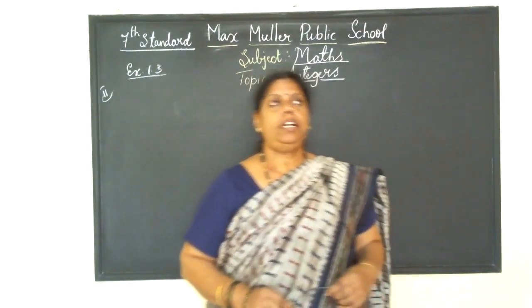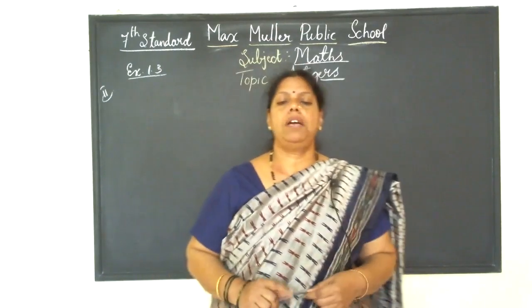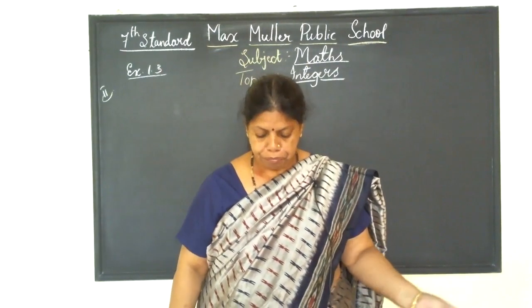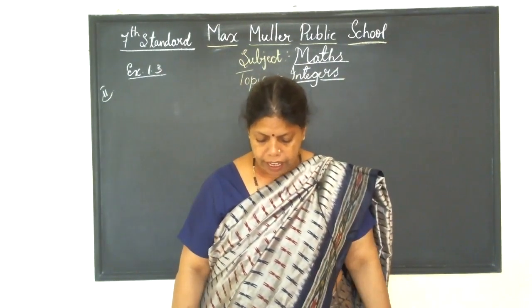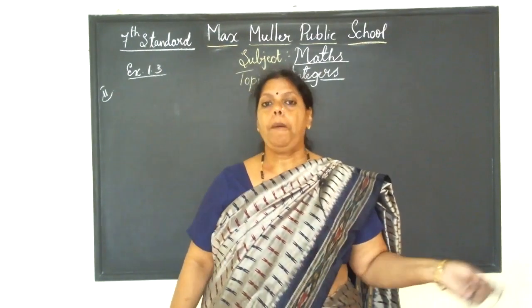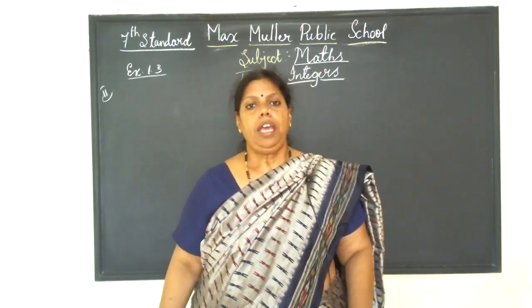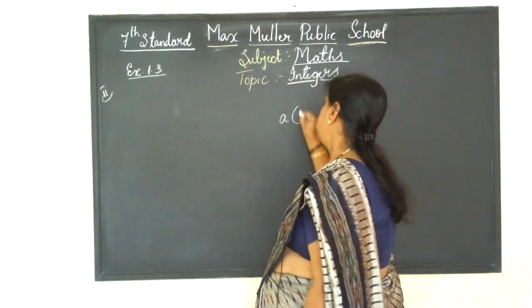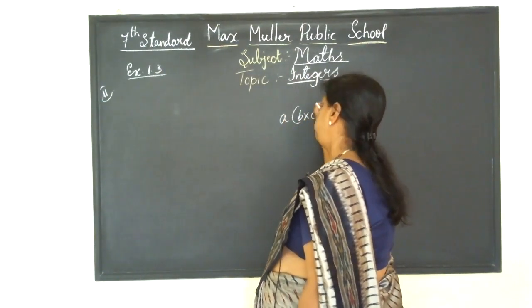And you know that multiplication is nothing but the repetition of addition. And under integers we have a property called the distributive property. Now A will be one factor, and B plus C the other.